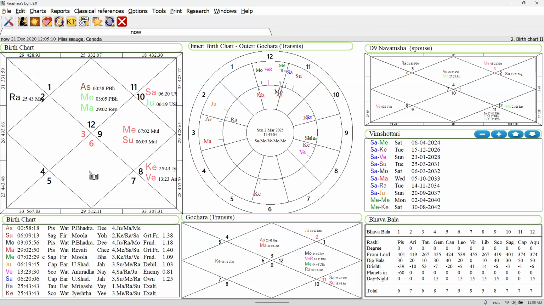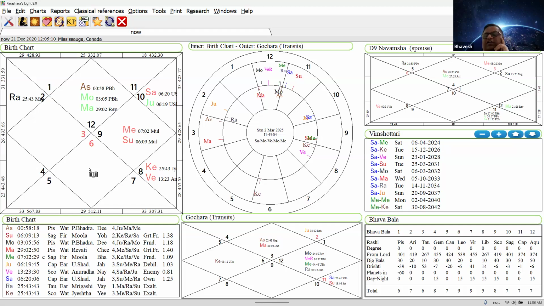I see. So we're not looking at the moon placement, it's more about how we experience because of the placement of the Lagnesha and what Rashi it is. It's a lot of factors. Yeah, but Lagnesha is working through the mind. You cannot ignore Sun and Moon in your chart at any point of time.